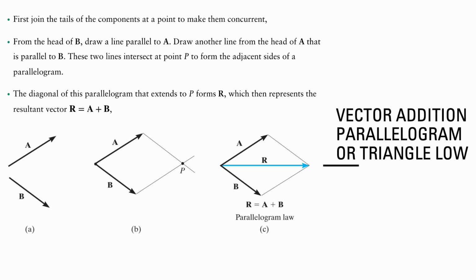Then, from the head of B, we draw a line parallel to A. Then we draw another line from the head of A that is parallel to B. These two lines intersect at point P to form the adjacent sides of a parallelogram. The diagonal of this parallelogram that extends to P forms R, which represents the resultant vector R, equal to A plus B. So this is the vector addition parallelogram law.